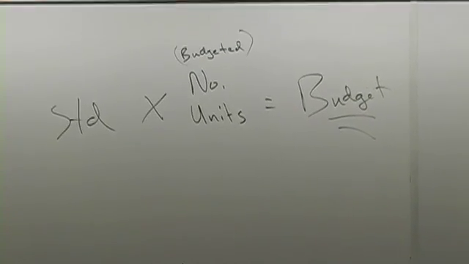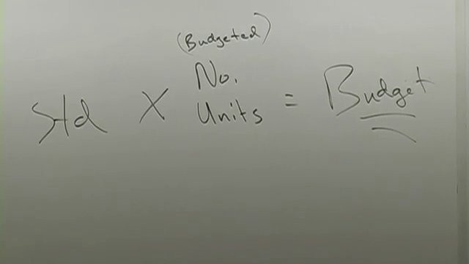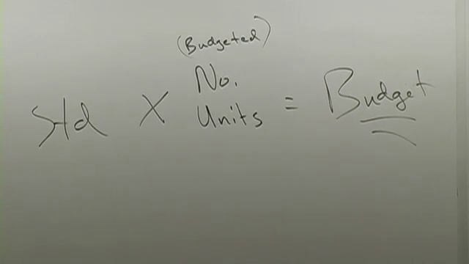You got that written down. Okay, so that's the mathematical relationship between standard and budget. So the standard times the number of units, or specifically the budgeted number of units, equals the budget.